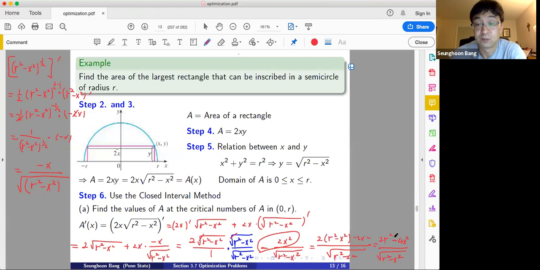The next thing, you need to find the critical number between 0 and r. How can you find the critical number? You can just solve A prime of r equal to 0, or A prime of r does not exist.